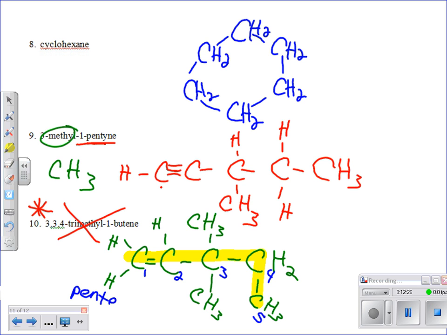It's going to be a pentene, and it's going to be a 1-pentene, and you have methyls coming off of 3, 3, and that's it. So it's going to be a 3,3-dimethyl-1-pentene.